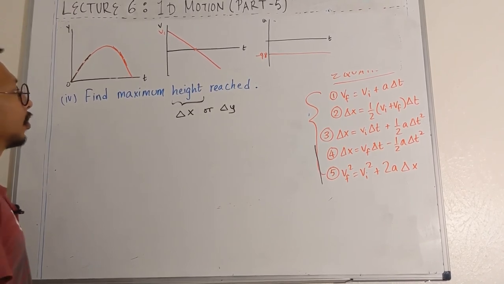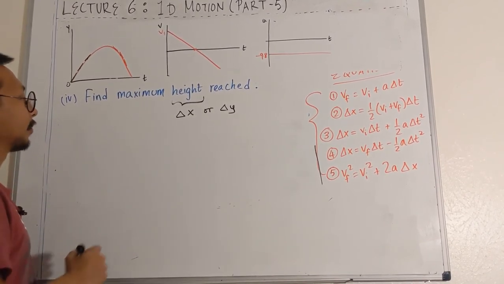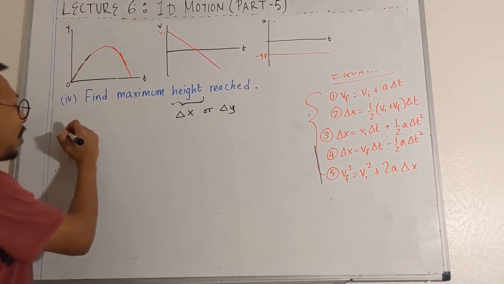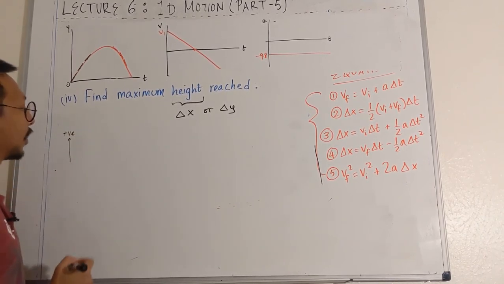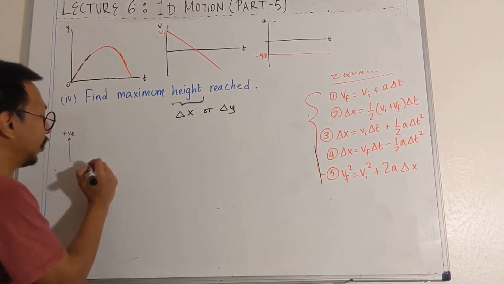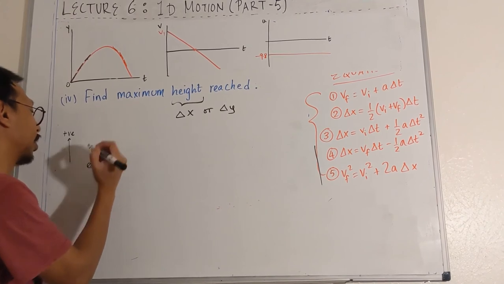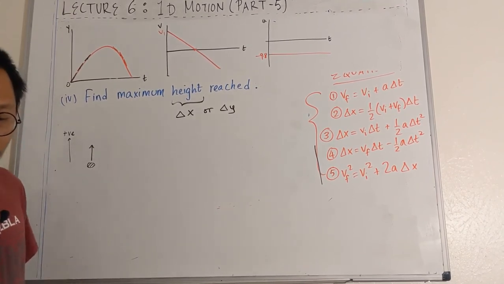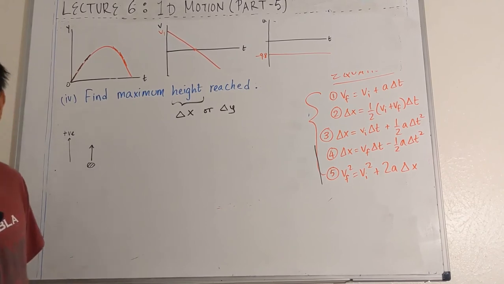All right, so to find maximum height, we already had a diagram with the axis upwards set as positive, y going positive upward, and the ball is launched up with a speed of 15 meters per second, as far as I can remember.